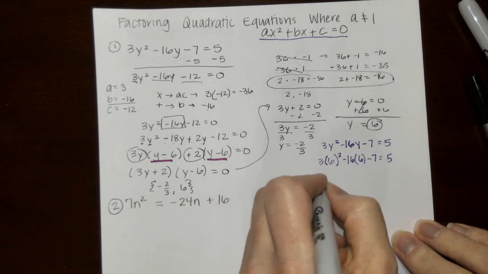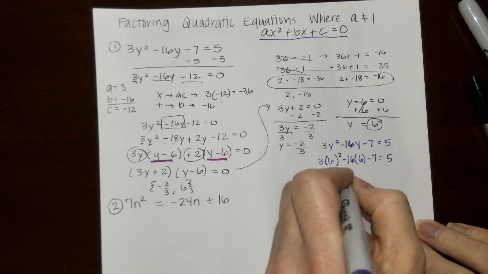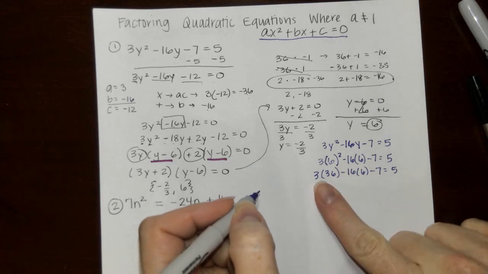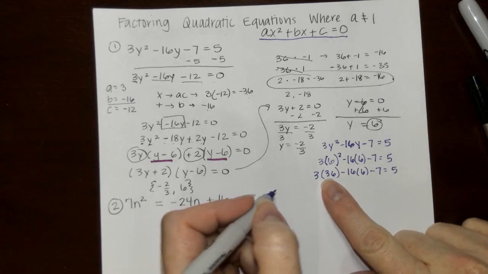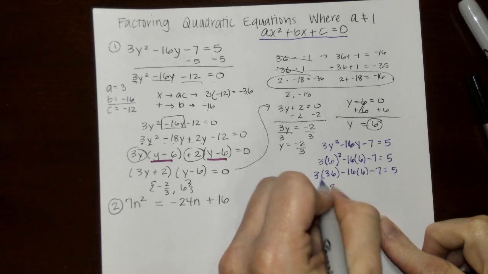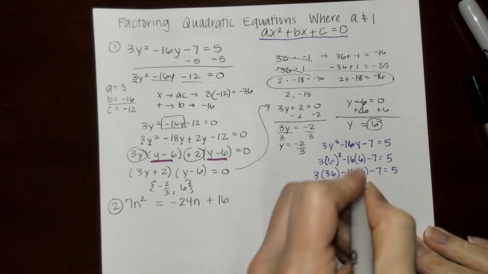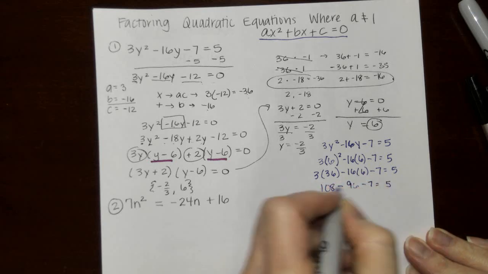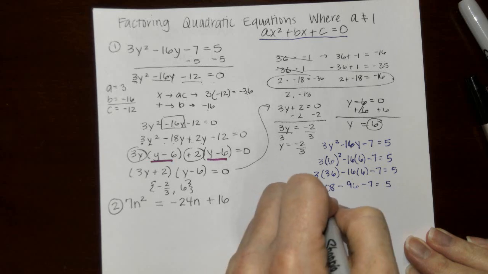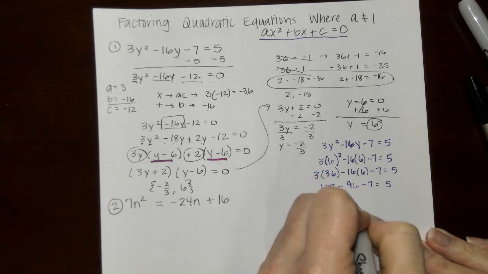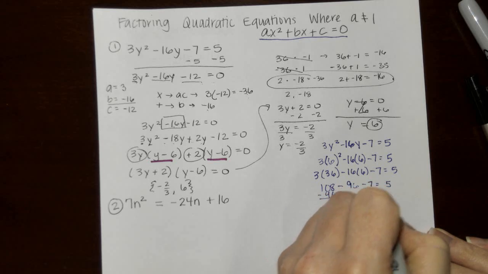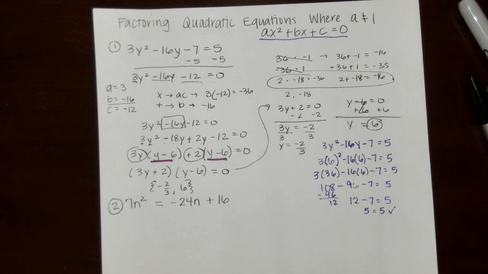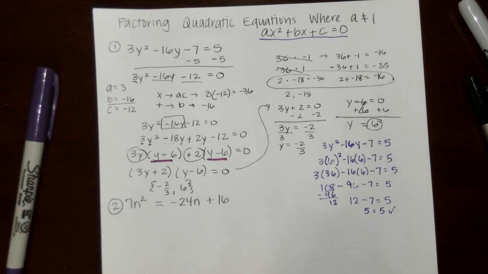So 6 squared is 36. 3 times 36 minus 16 times 6 minus 7 equals 5. 3 times 36 is 108. 16 times 6, 6 times 6 is 36, so that's 96, minus 7 equals 5. 108 minus 96 is 12, so 12 minus 7 equals 5. 12 minus 7 is 5, so we know it's true. Okay, so let's do another example here.